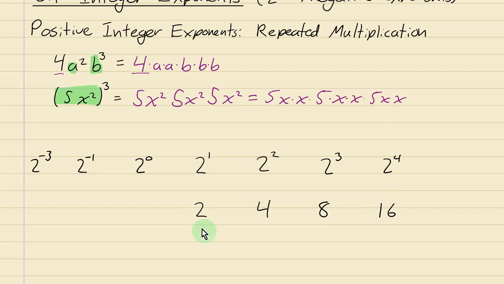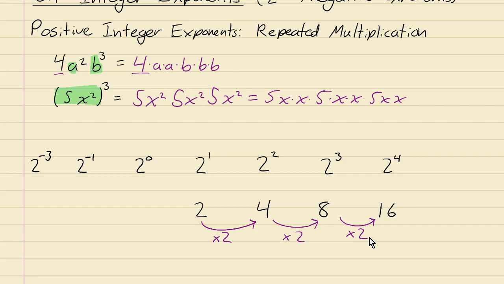And let's think about what happens every time you go to the right. Every time you go to the right here, from 2 to 4, or from 4 to 8, or from 8 to 16, it's like you're multiplying by 2. So 2 times 2 is 4, 4 times 2 is 8, and 8 times 2 is 16.